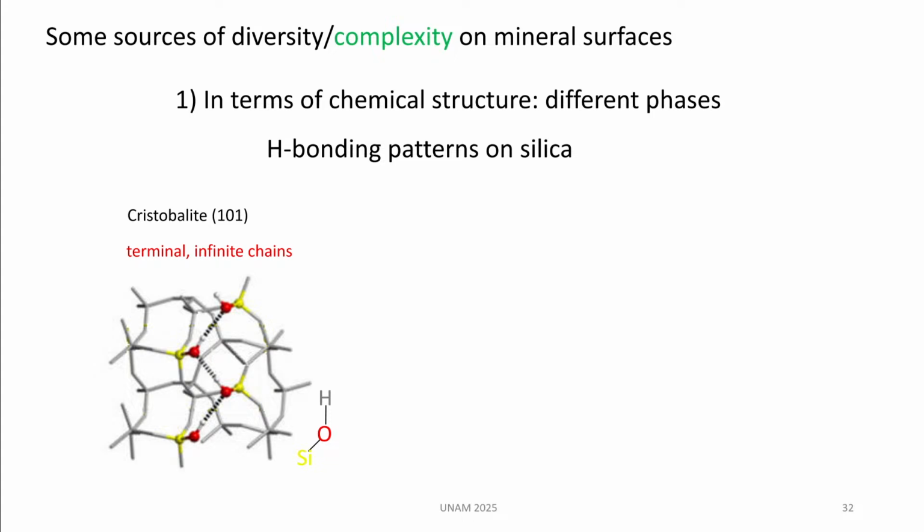But these silanol groups can be very different according to the crystal phase. And here you see that on cristobalite 101, which looks like this, the SiOH are close enough to each other to make H bonds, and these H bonds form a one-dimensional chain.